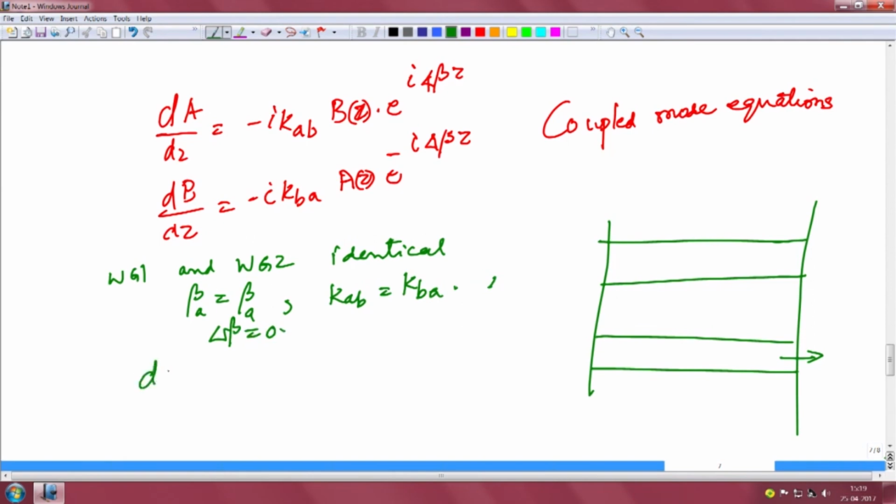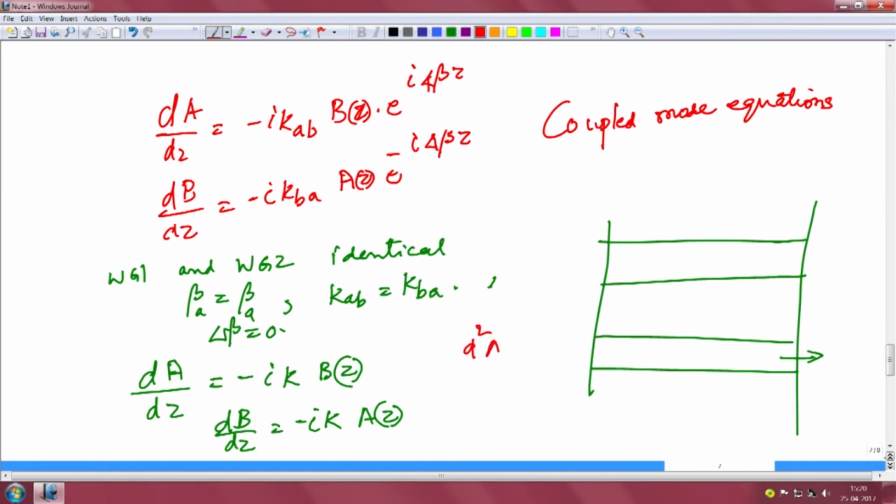So, you have the very simple form of the differential equation for the variation of the field injected into the waveguides: dA by dz equals minus ik multiplied by B of z, and dB by dz equals, let me still use, minus ik A of z. This could be solved easily by differentiating one expression and putting it into the other. For example, I replace B into this. So, I will differentiate this with respect to z and substitute.